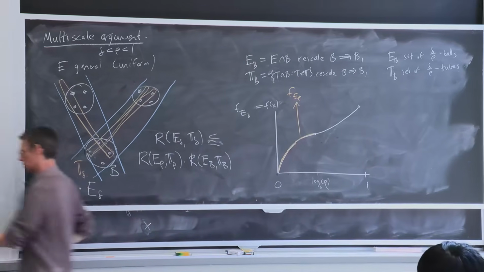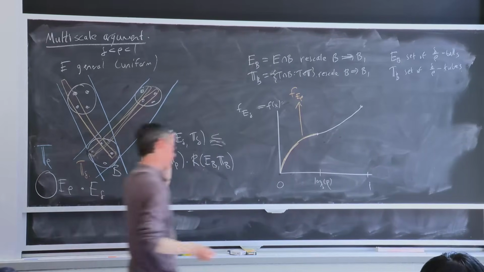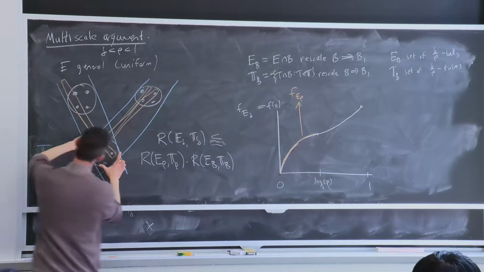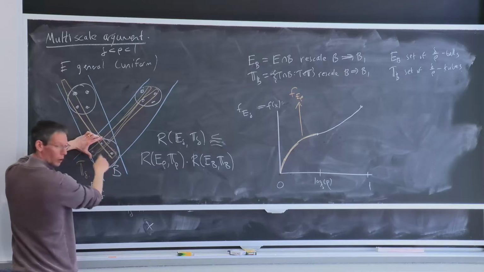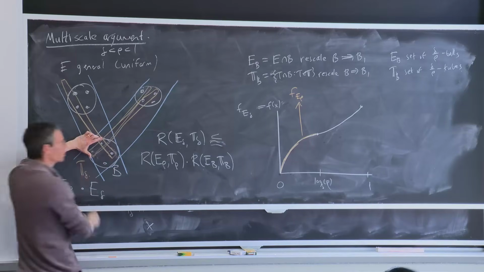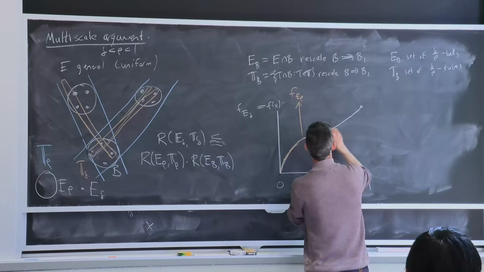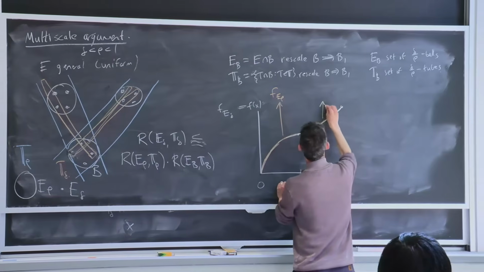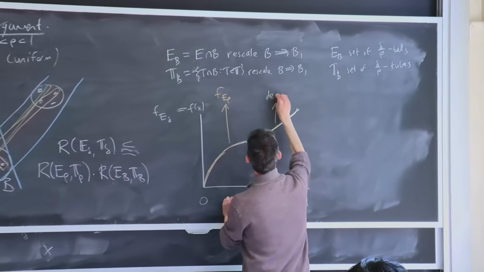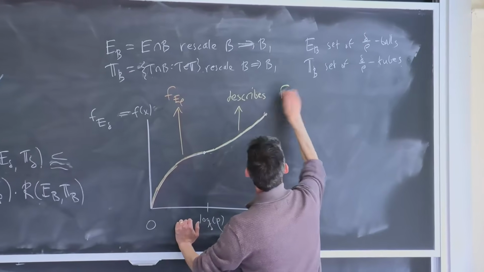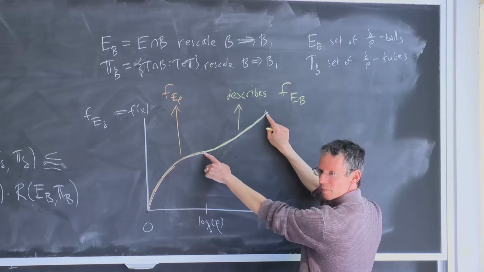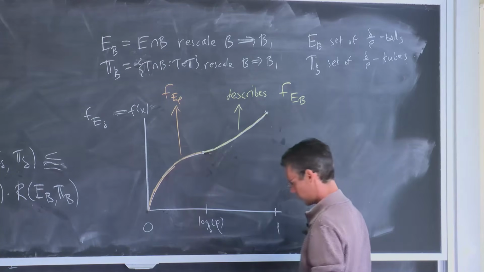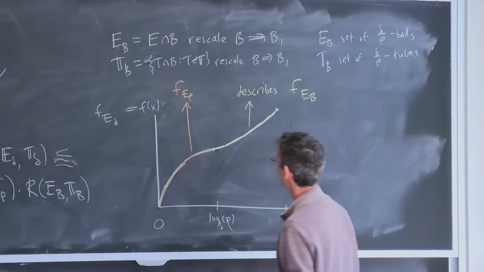And then we look inside of this ball. We start at the scale rho, and then we look at all of the smaller scales of E. So this describes f of E B. This is basically the branching function of E B.